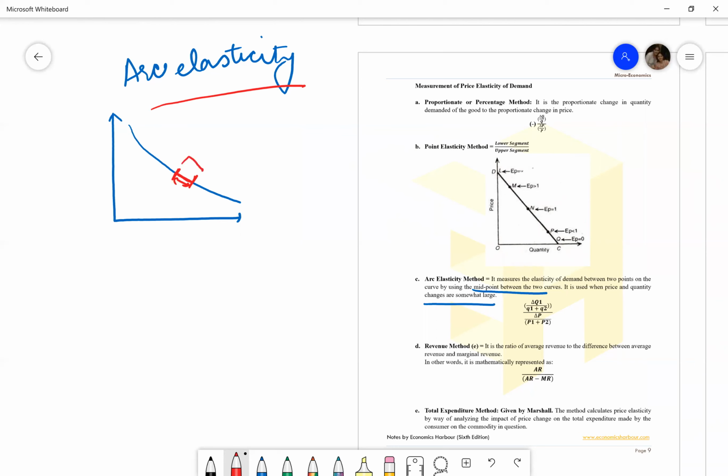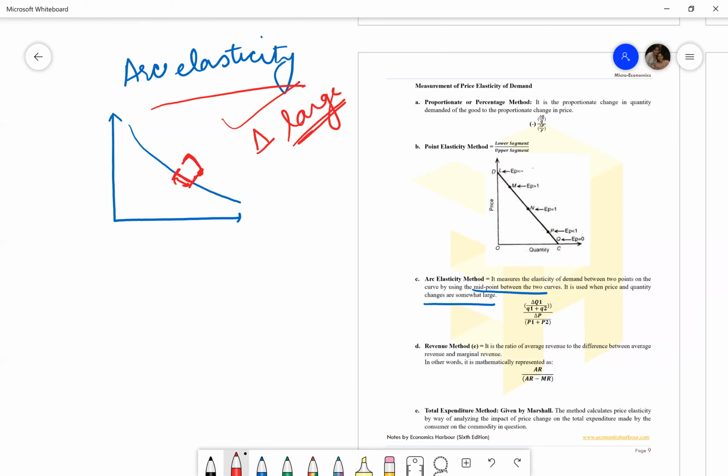So you want to measure over the entire range how much there will be a change in quantity demanded with the change in price. Then you are using the arc elasticity method. The change is large in this case. Remember that.